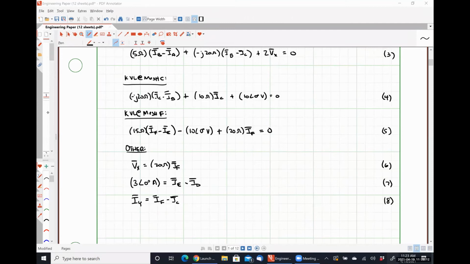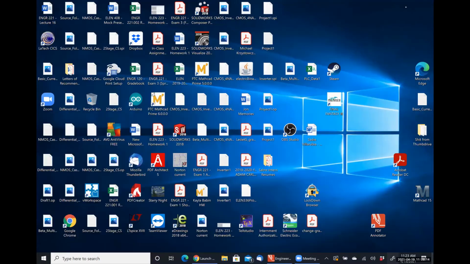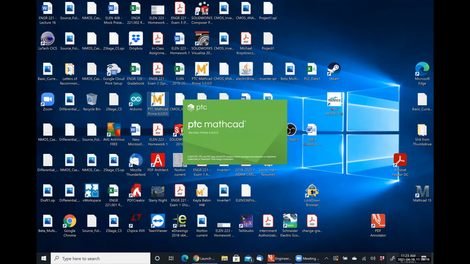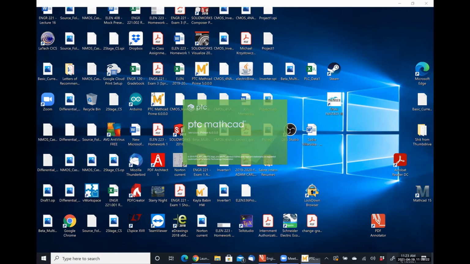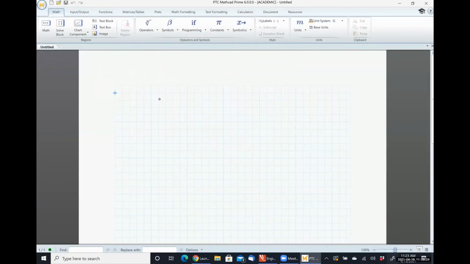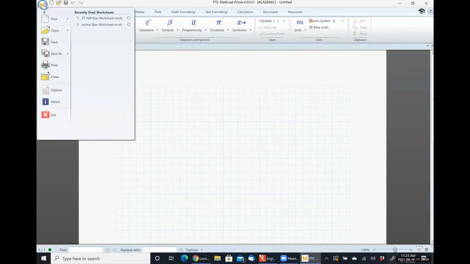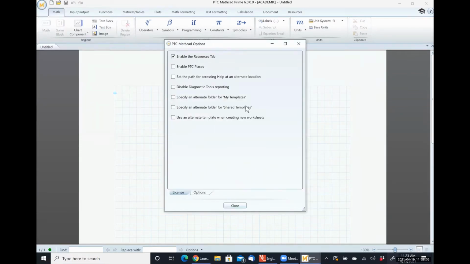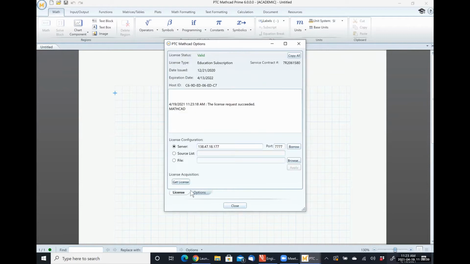Well, that just closed MathCAD. That didn't help. No, that's not my mouse. Looking for the license wizard. Options. There we go. License.